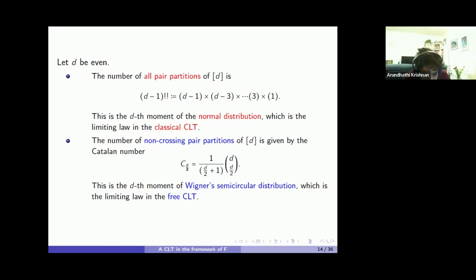Sorry, what's the question? Is it a coincidence, or can you view the classical Wigner result as a special case of this? No, I don't think it's a coincidence, because I think for the sequence of random matrices you'll get a freely independent sequence there. So I don't think it's a coincidence.